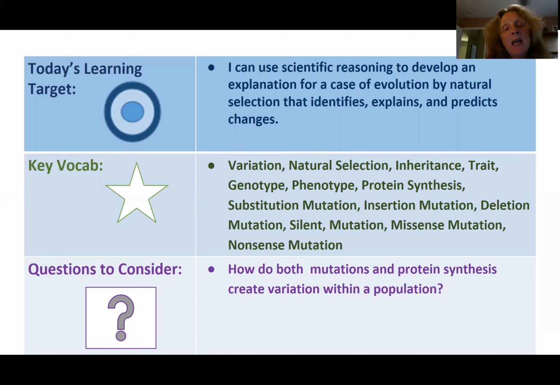You'll notice the same vocabulary words. The only things that we've added to it are substitution mutation, insertion mutation, deletion mutation, a silent mutation, a missense mutation, and a nonsense mutation. Okay. How do both mutations and protein synthesis create variation within a population? Obviously, the activity is going to be all wrapped around that.